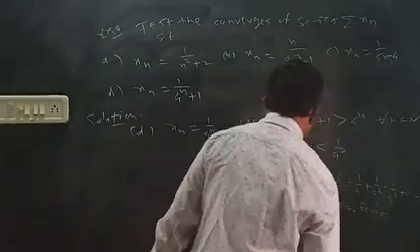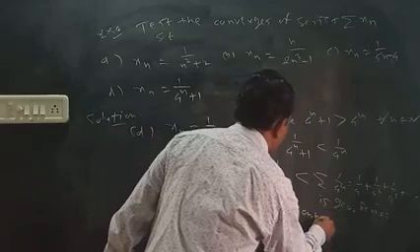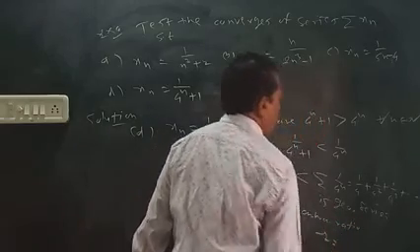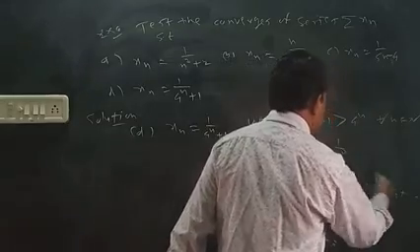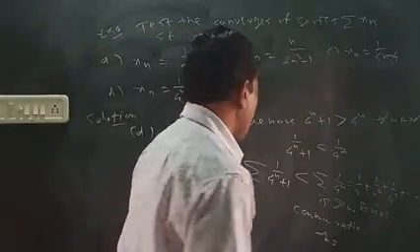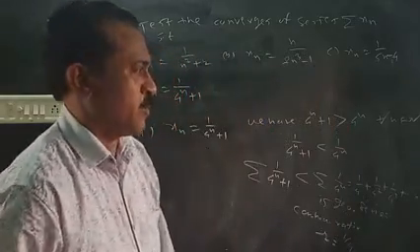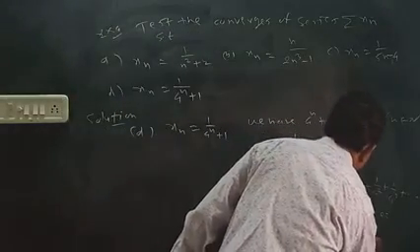And what is the common ratio? Common ratio r means each term upon the previous term: 1 by 4 square by 1 by 4 is 1 by 4. So the common ratio is less than 1.